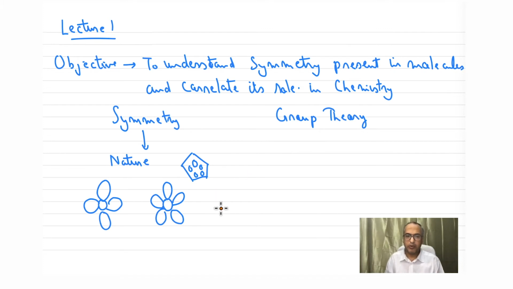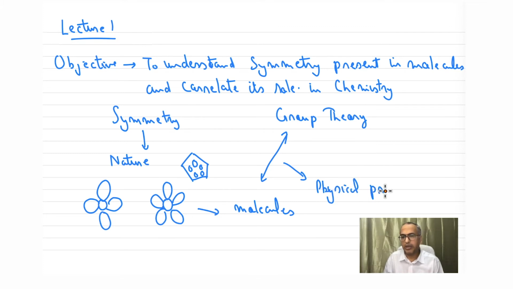Now, what we are going to do in this course is tap that information and try to visualize symmetry in molecules. Okay, and then we'll try to group molecules based on symmetry. Once we do that, we will try to combine the rules of group theory with the symmetry, and then we will try to predict or explain physical properties of molecules.